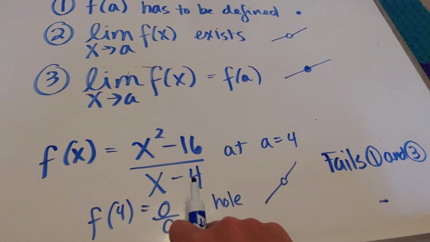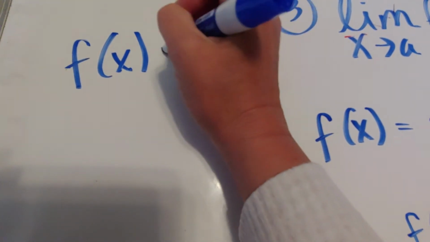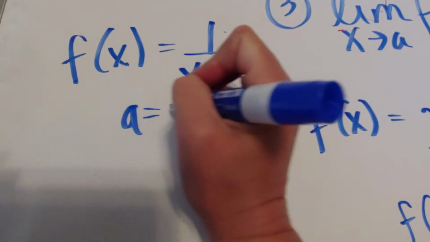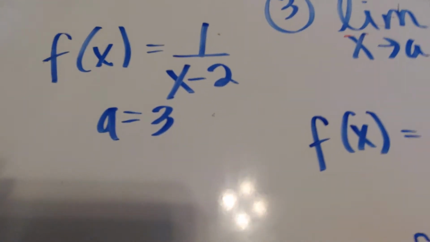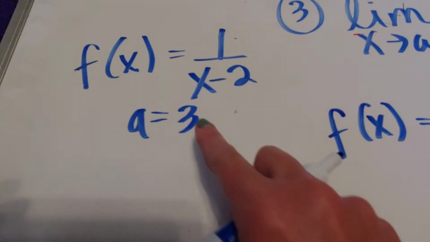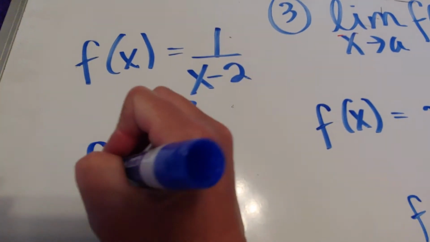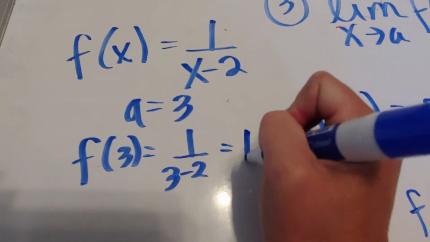Let's try another one real quick. What if I wrote f of x equals 1 over x minus 2, and I asked us to do a is 3? Now some of you are going, oh, it's a vertical asymptote. Oh, no, I didn't ask you about where the vertical asymptote is. If I plug in 3, I get 1.